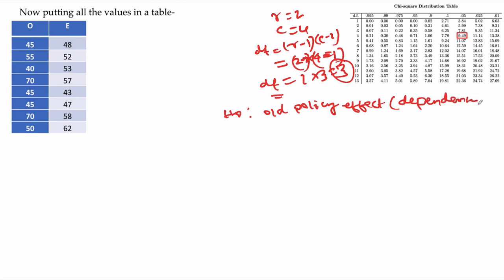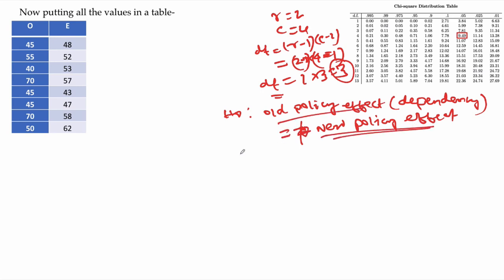Old policy effect has no difference with the new policy effect. Clear? That is the null hypothesis; we have understood before how to create the null hypothesis when there is no difference. So there is no difference between the old policy effect and the new policy effect.